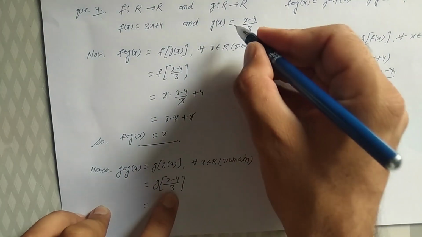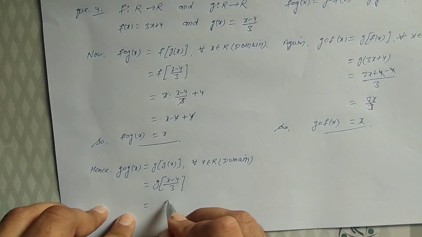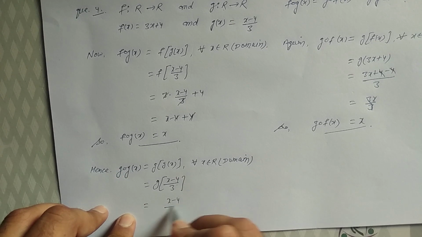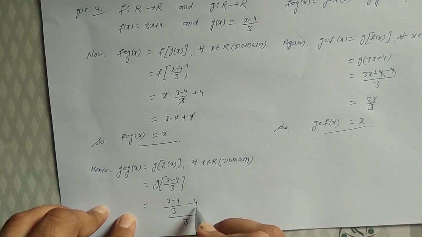Putting the value of g(x), ((x - 4)/3 - 4)/3.